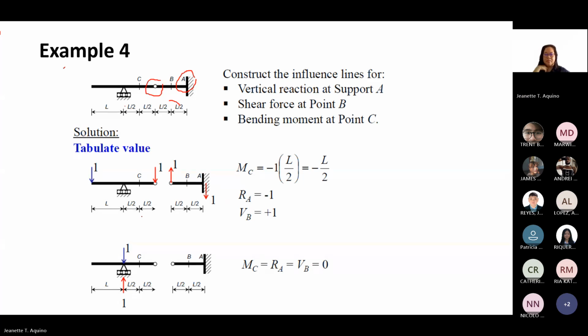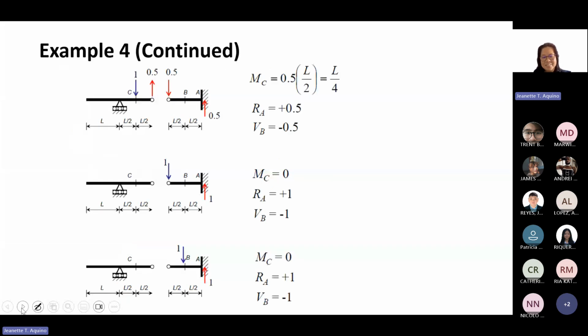You have to tabulate. Next page. Okay, here we have to solve. We have to put it in different locations.